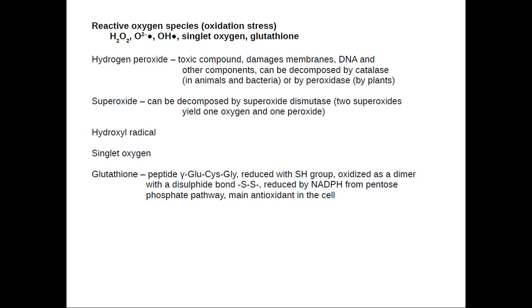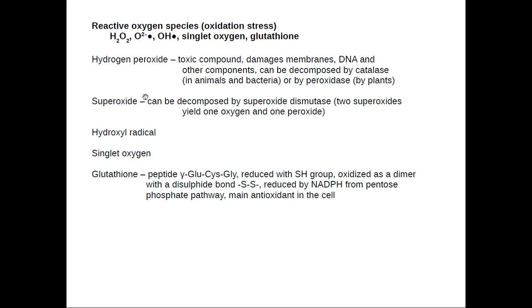Superoxide radical, so it's like oxygen with a charge. Sorry, here is a typo. The 2 should be a subscript, so it's like oxygen with 2 atoms, minus charge, and at the same time it's a radical.